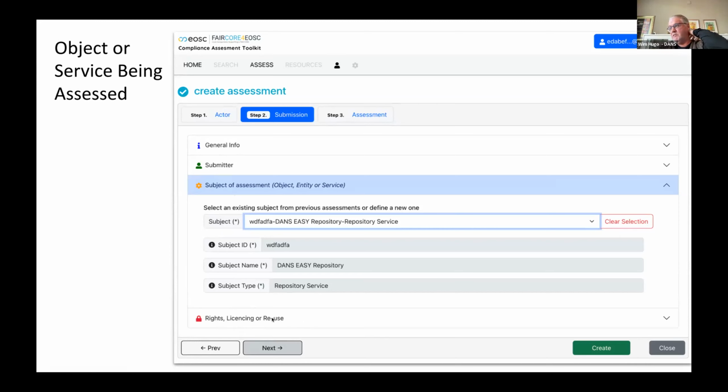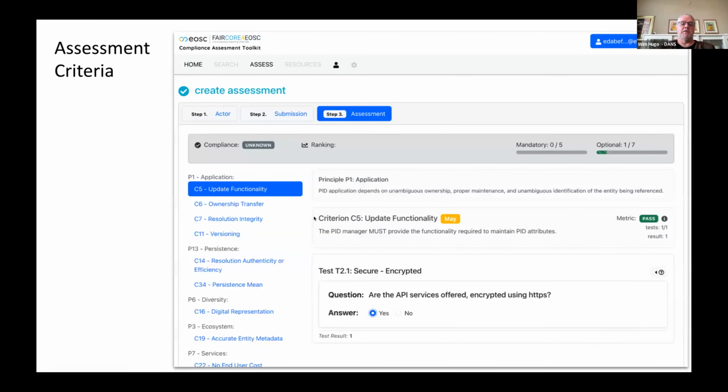So by default, these assessments are private, and whoever is creating and owning an assessment must make a conscious decision to publish it. Once those definitions are available, we can go through all of the different principles together with all of the criteria that apply to them. Many of them have multiple tests, but in this example, there is only one test.